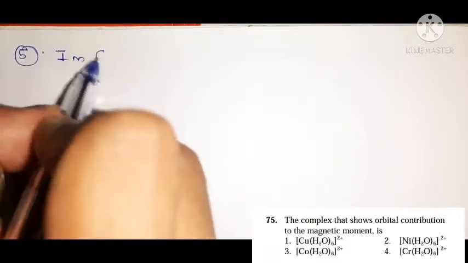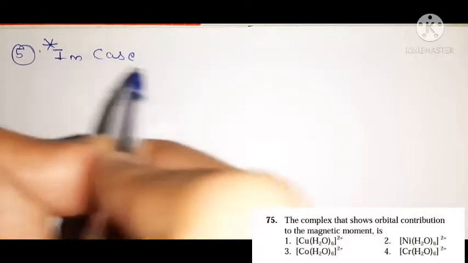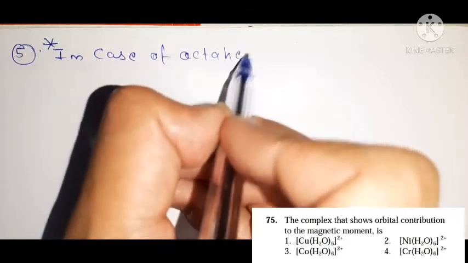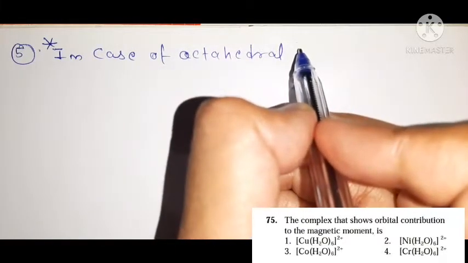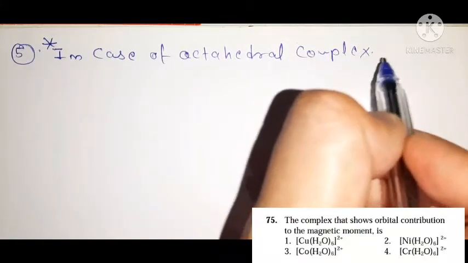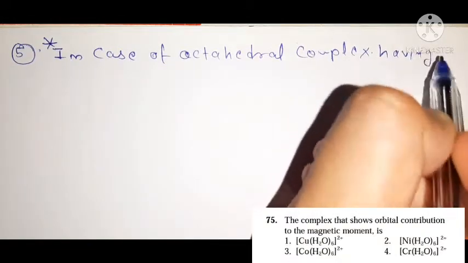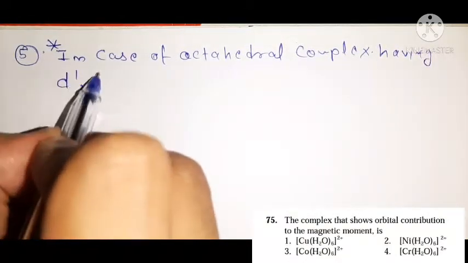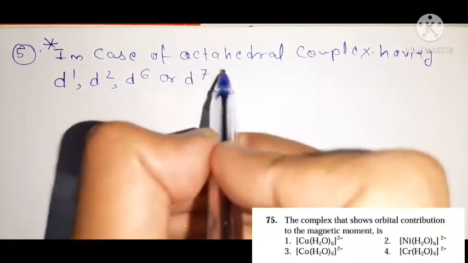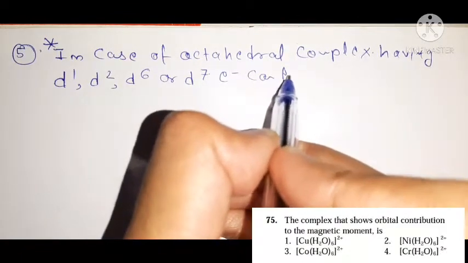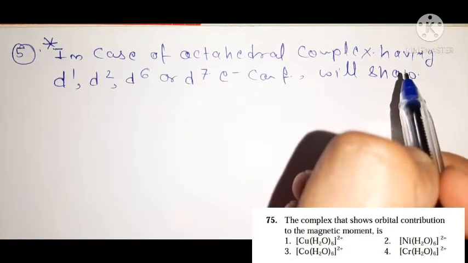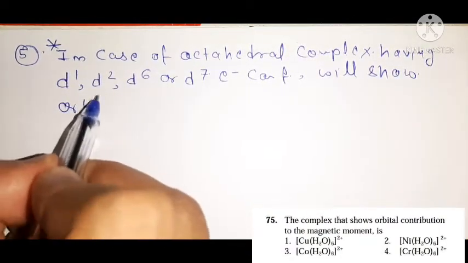So in case of octahedral complex, remember octahedral complex having d1, d2, d6 or d7 electronic configuration will show orbital contribution to the magnetic moment.